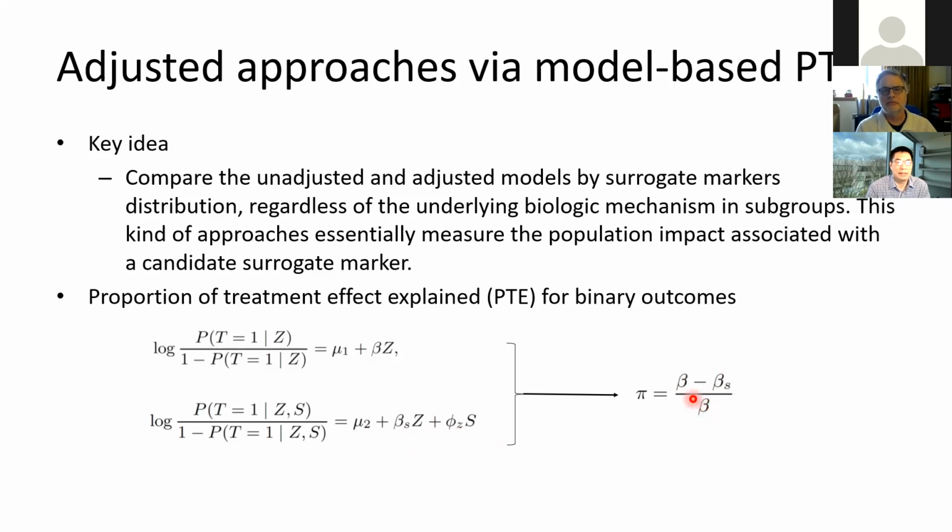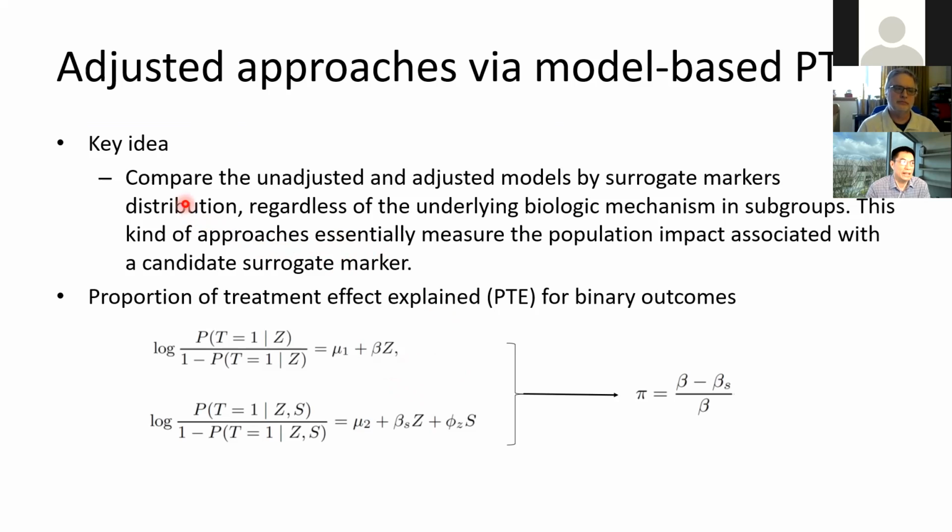Then take the difference between the two regression parameter estimates and divide by beta, the estimate from the intervention-only model. That's a percentage difference with respect to the regression parameter estimated from the intervention-only logistic regression model.